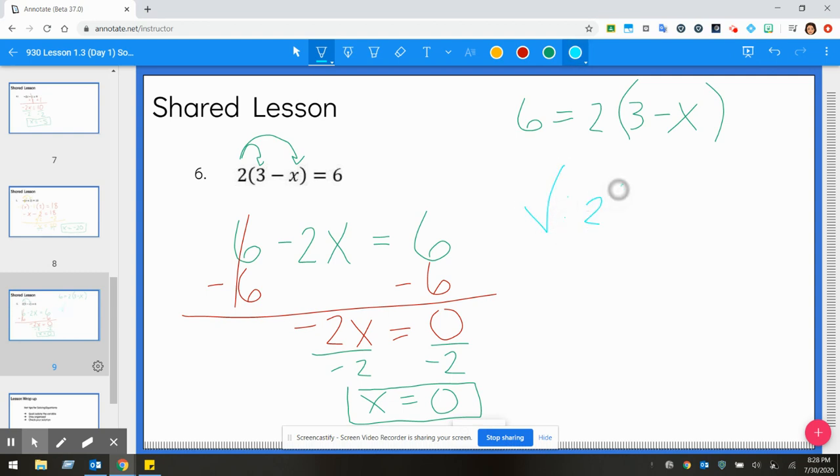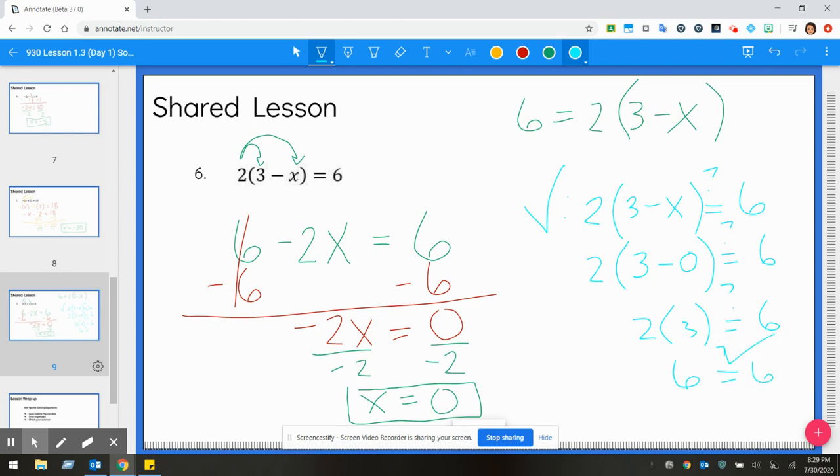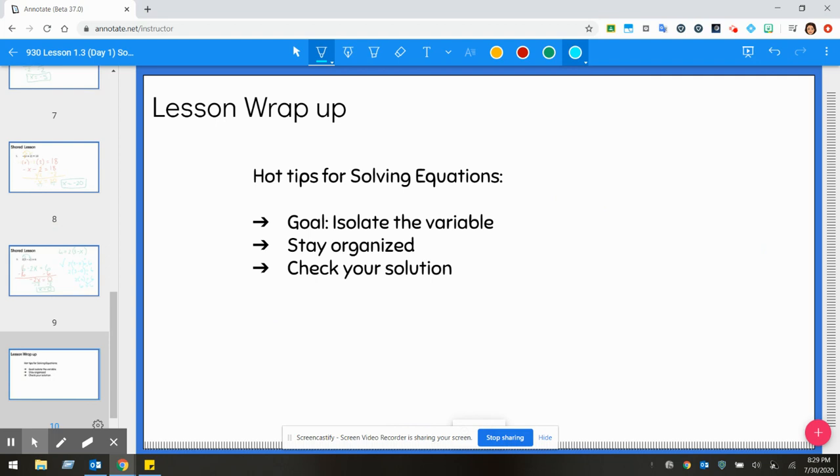So 2 times 3 minus x equals 6 was my original problem. 2 times 3 minus 0 equals 6. 2 times 3 equals 6. Remember, I'm checking, is this correct? This is a question mark. 6 equals 6. Ooh. And I always like to put a little check. Yep, I am correct.